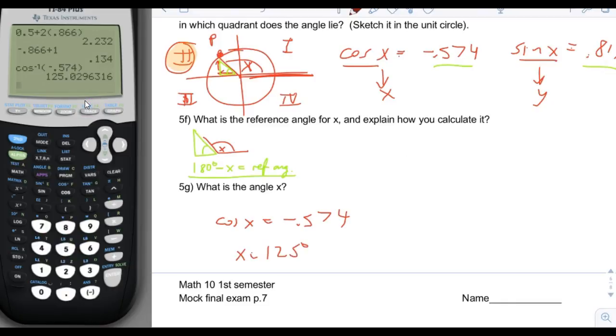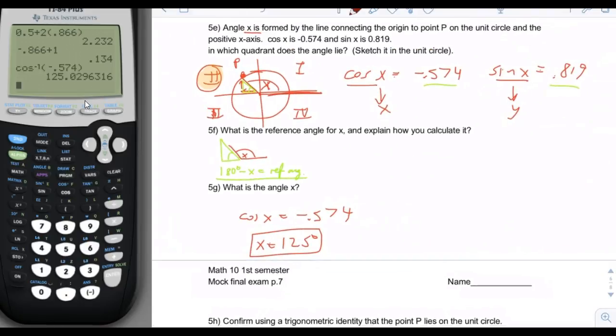Now, the angle 125 degrees happens to be in quadrant 2, so that answer really makes sense. Now, if I find the inverse sine of 0.819, it's going to give me an angle that is not in quadrant 2.